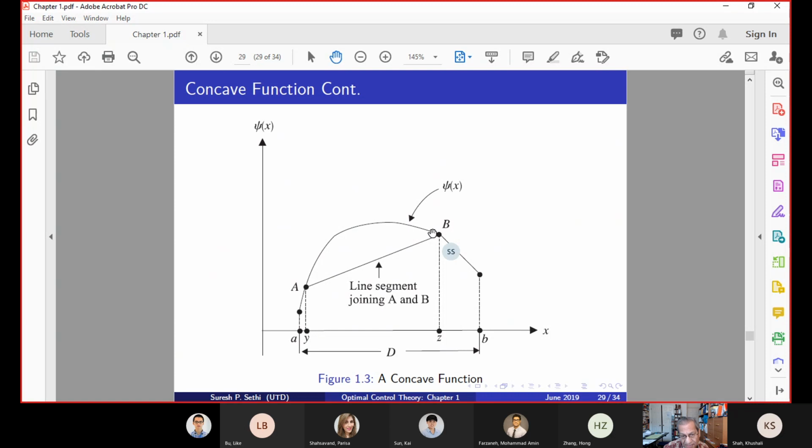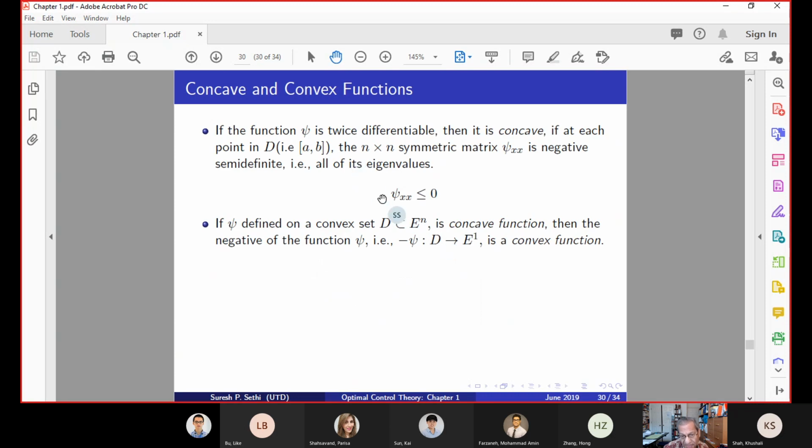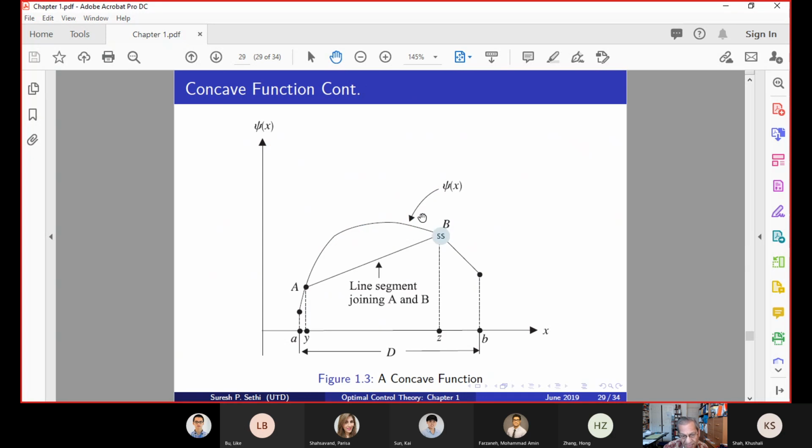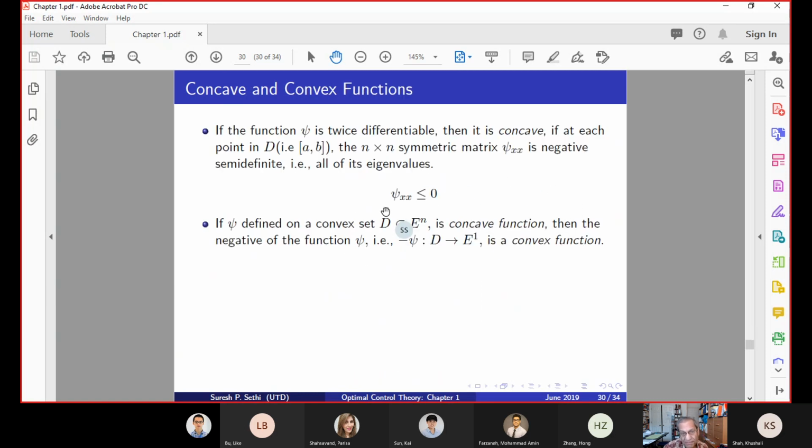If the function is twice differentiable, then I just have to do this. If I take the tangent, then the next tangent has a lower slope, the last even lower. The slope of the tangent is decreasing as I go further and further. So that basically says that if it's twice differentiable, I can do this. So that's the concave function in 3 different ways.